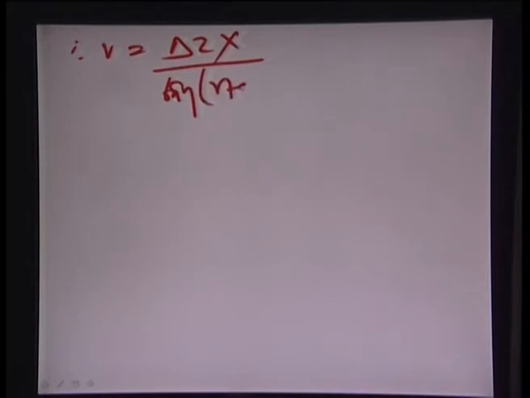The velocity V in this case, the electrophoretic mobility, would be represented as delta Z times e times x divided by 6 pi eta times r plus d.